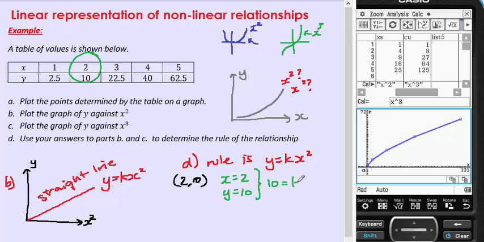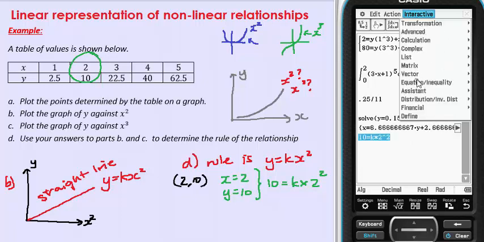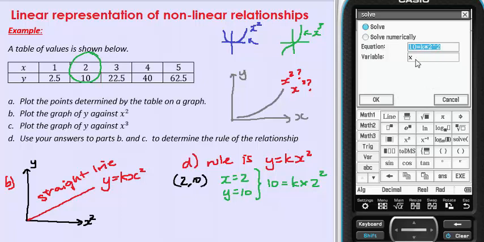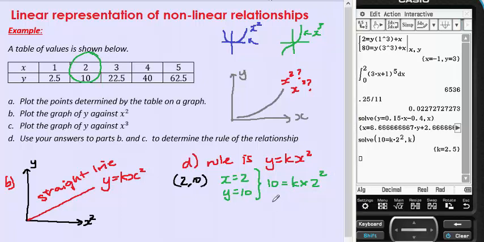If I put that into this equation, I get 10 equals k times 2 squared. I can go back to my main screen and solve this by saying 10 equals k times 2 squared, put that into my solve area where I'm solving for k, and I get an answer of k equals 2.5.